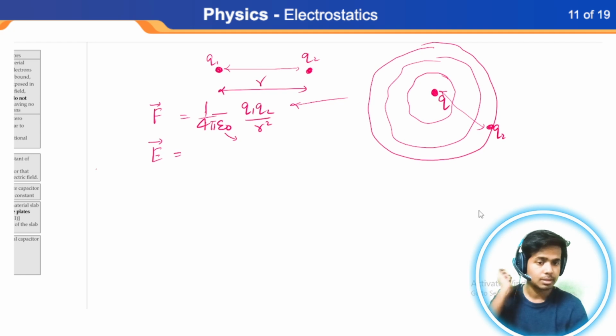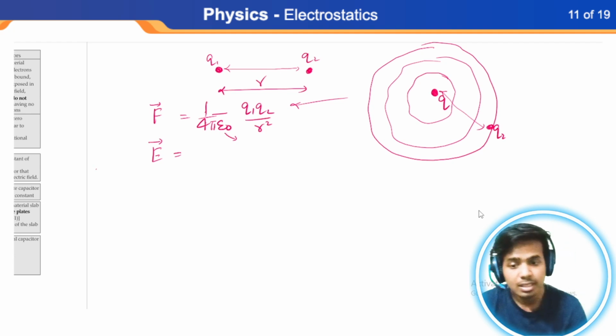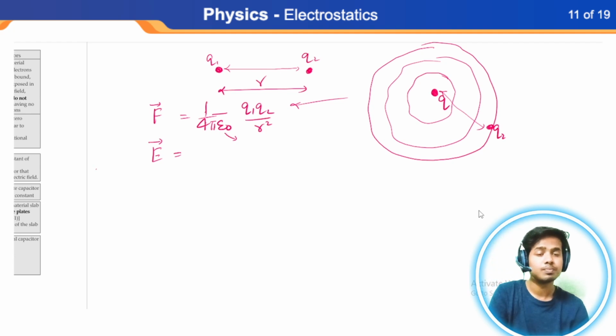But this field of Q should not depend on the second charge, right? Because the field is independent. It must remain as it is, as the spider's web remains as it is even in the absence of the fly. So that is why we define electric field in a way that it is independent of the other charges.